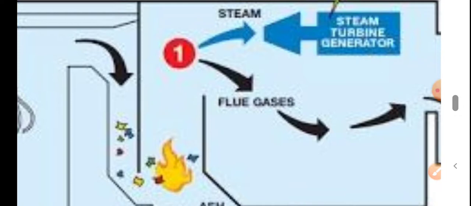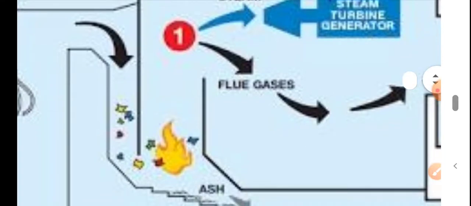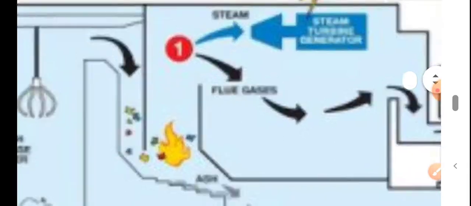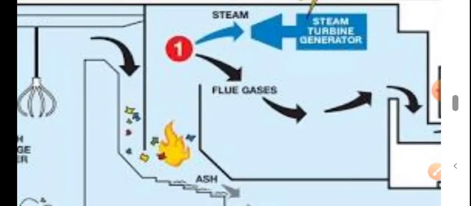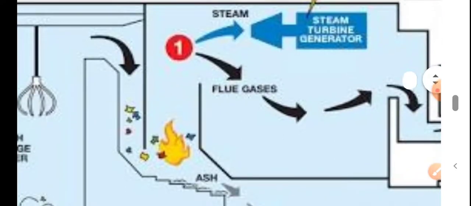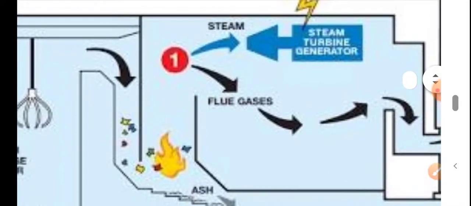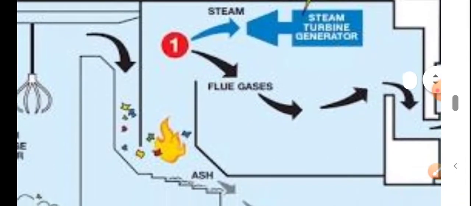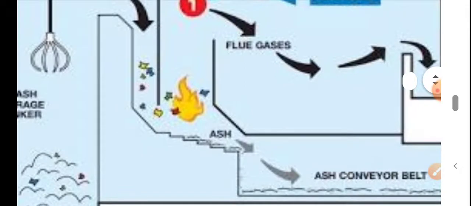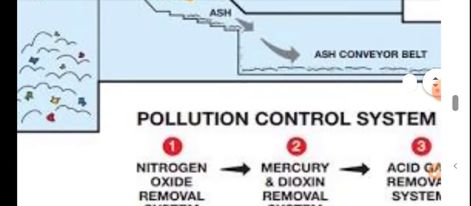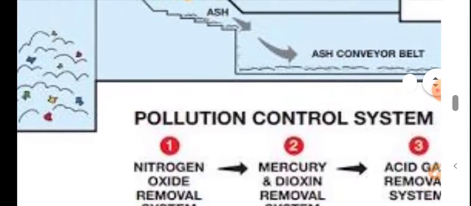But since this steam is contaminated with some toxic elements, a system, as in red mark 1 here, will be used before the steam is sent to the steam turbine, and that system is the nitrogen oxide removal system.